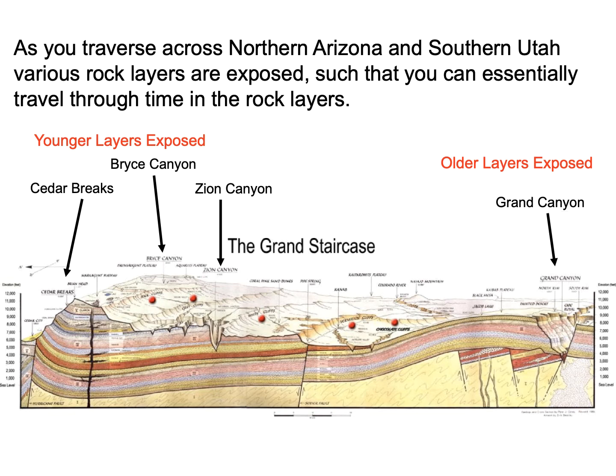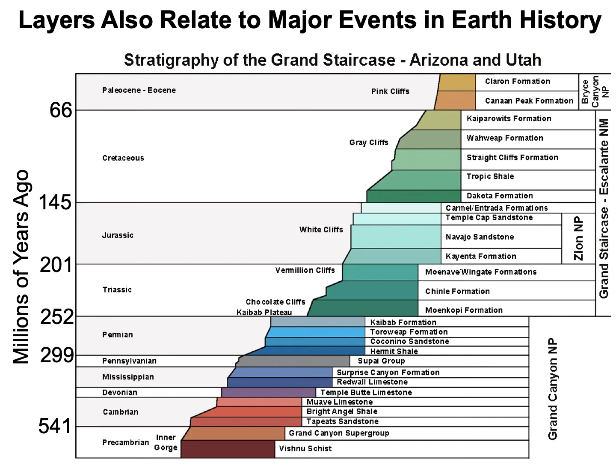So if you start at Cedar Breaks, you'd be dealing with things that are about 100 million years old. And then by the time you get over to the Grand Canyon, you're back to the Cambrian era, about 500 million years ago. This is a diagram sort of squeezing all of that together in one diagram.